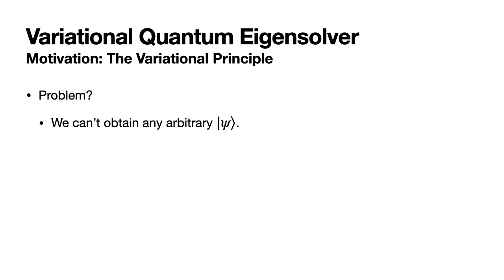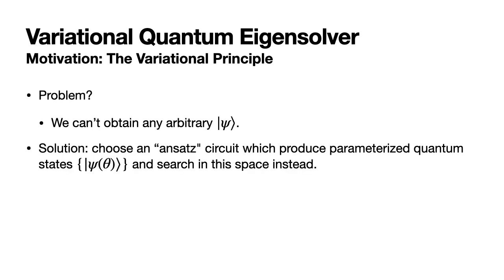This is where VQE's brilliant solution comes in. Instead of trying to prepare an arbitrary ket psi, we choose a parameterized quantum circuit, or ansatz, that can produce a family of states ket psi of theta as we vary its parameters theta.